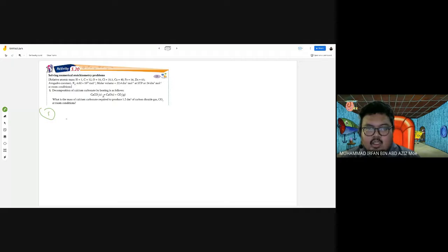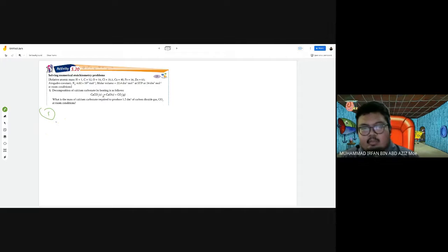Okay. So which formula kita kena guna? The molar volume. Okay, volume over molar volume. So n for CO2 is equal to volume of CO2 divide by molar volume.